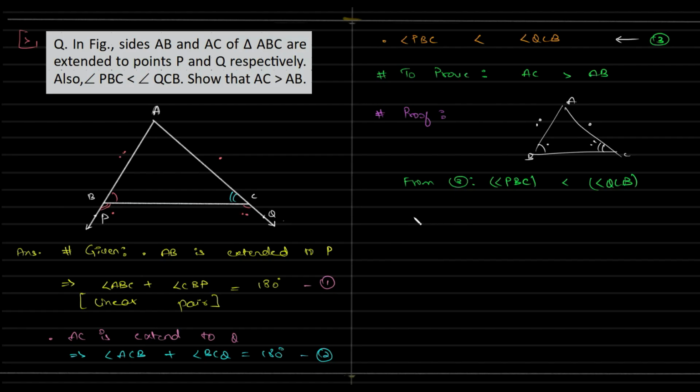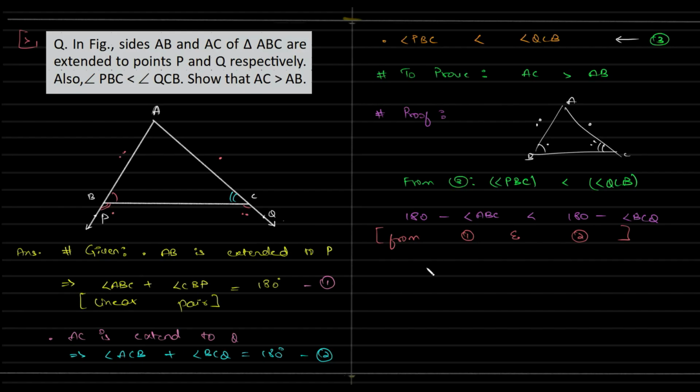From equation 1 we have 180 degrees minus angle ABC is less than, and for QCB from equation 2 we have 180 degrees minus angle BCQ. So this is from equations 1 and 2. Again, making things clear is very important.